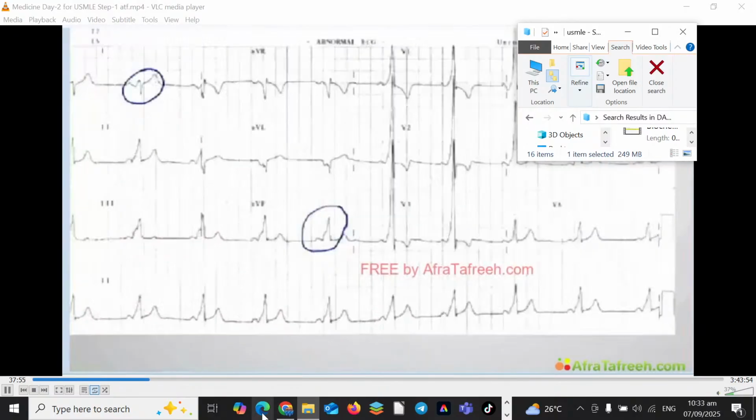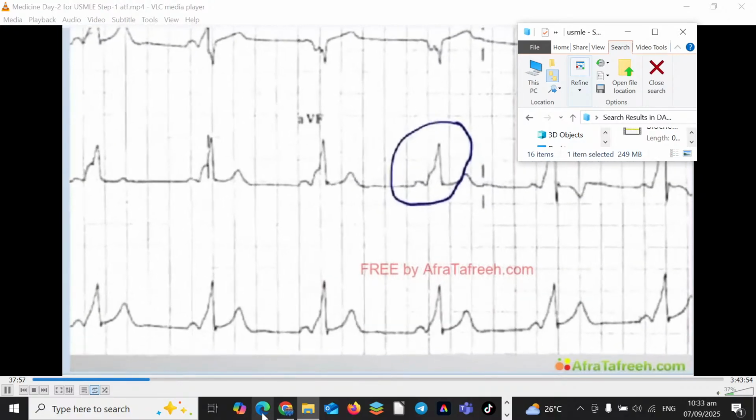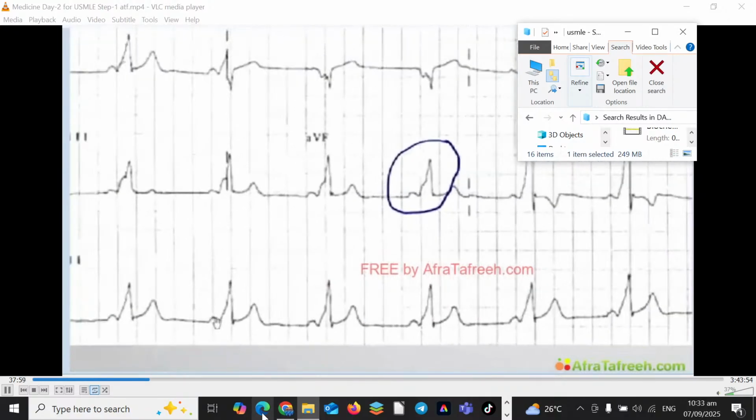Excellent. You can see that this is the P wave here, and there is no actual PR interval here. It is basically that the P wave is at the footsteps of the QRS complex.